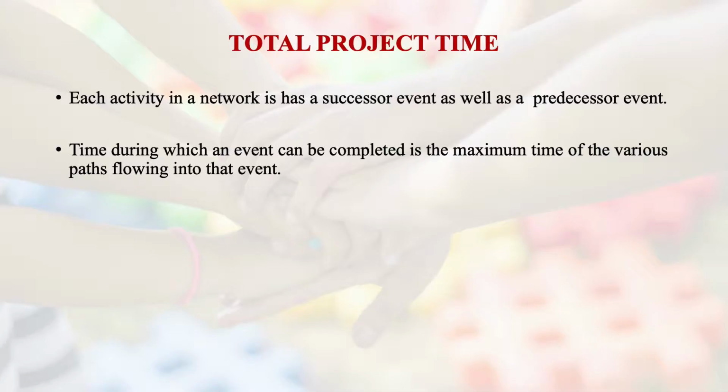The time during which an event can be completed is the maximum time of the various paths flowing into that event. So this we would like to demonstrate to you.